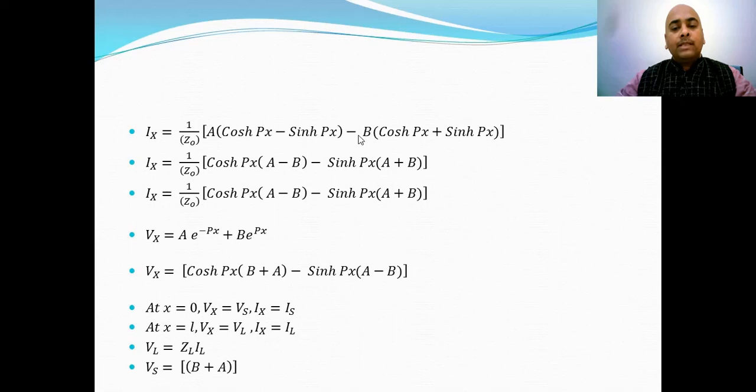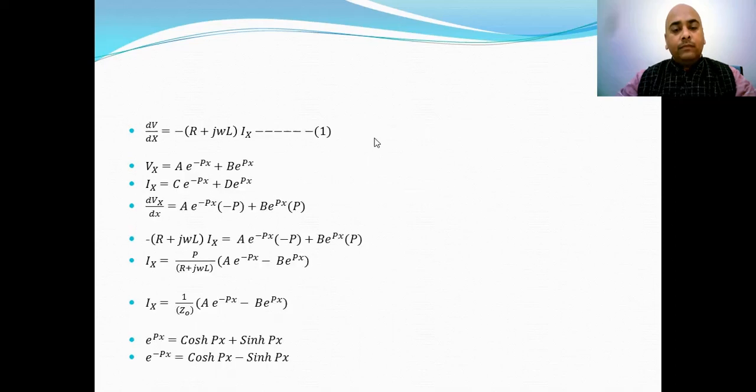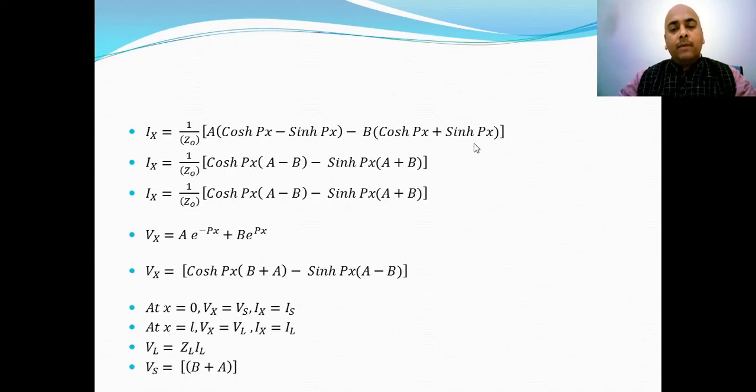Similarly, minus B into e raised to power px is cos hyperbolic px plus sin hyperbolic px, or ultimately we obtain Ix in terms of constants A and B having relation 1 upon Z naught [cos hyperbolic px into (A minus B) minus sin hyperbolic px into (A plus B)].